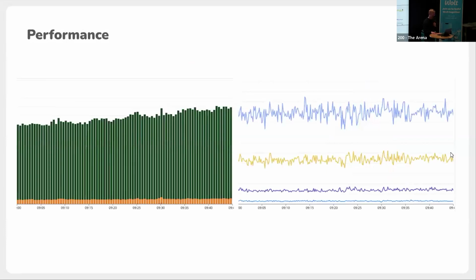And here there's a couple of graphs. The one on the left is just a normal morning, right? And some traffic flowing in. The green bars are 200s, that's good. And the orange stuff on the bottom, those are 429s.